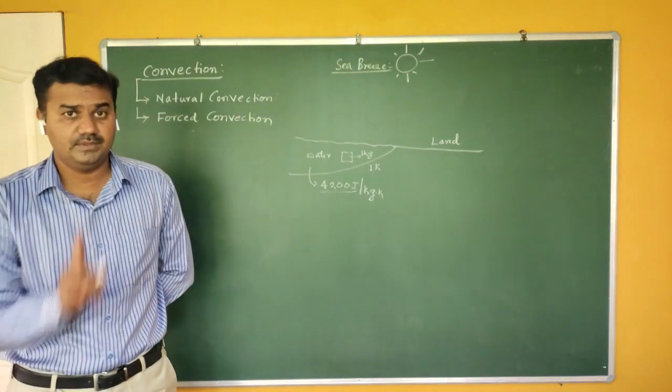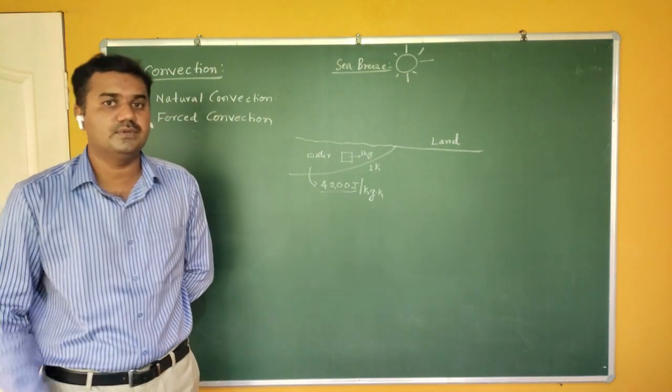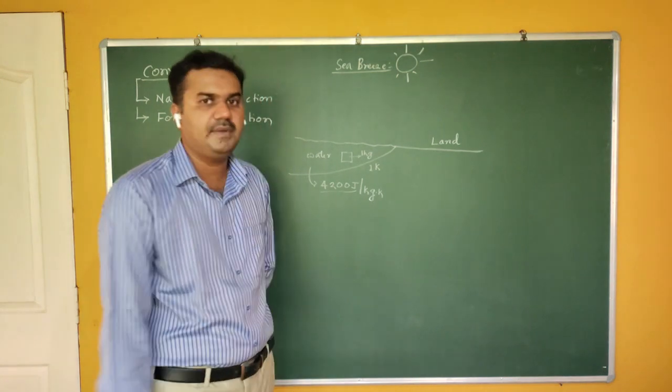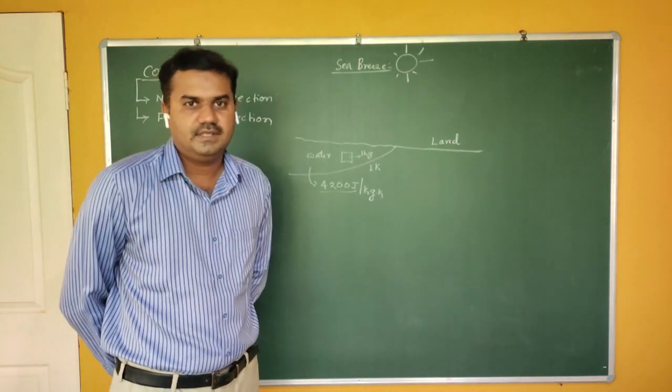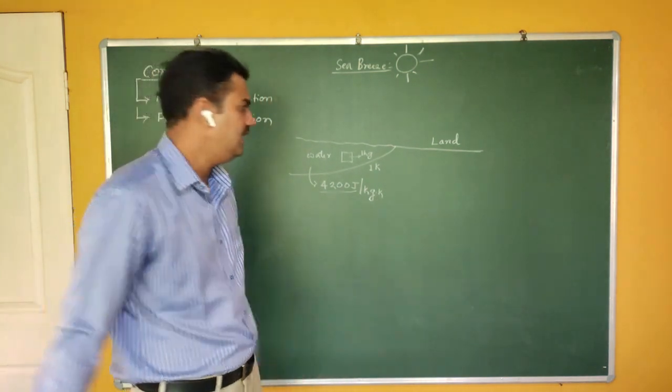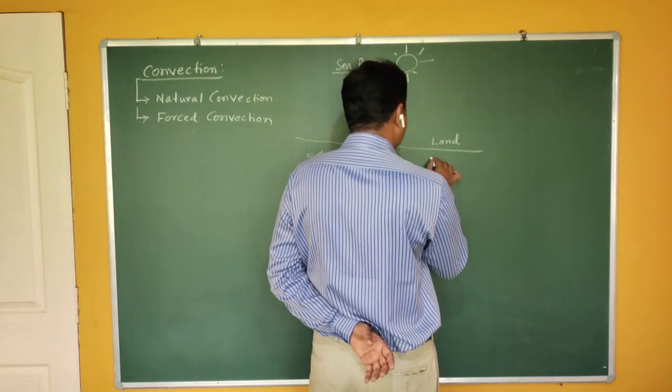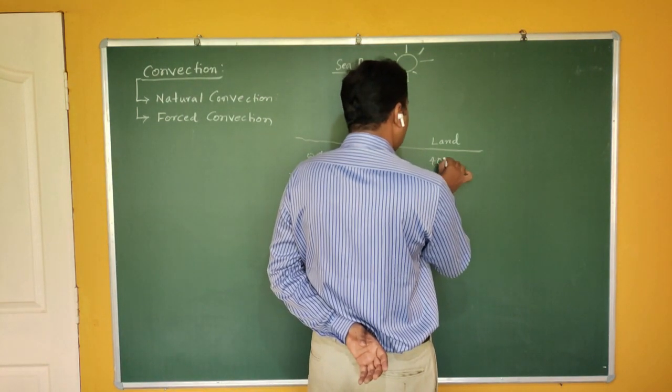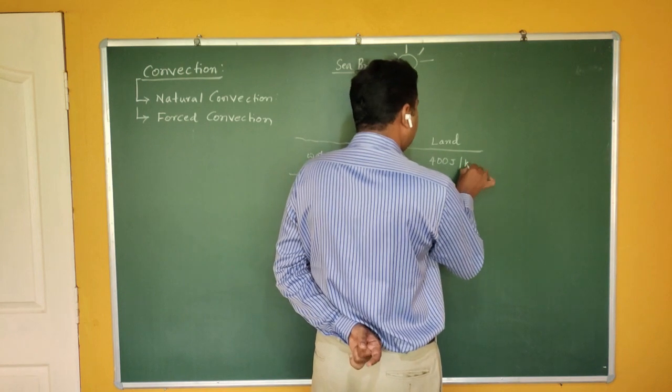Are you getting me? To raise the temperature of 1 Kelvin, you require 4200. If you go for sand particles, approximately I can say that something 500, or let me take 400 joule per kg Kelvin.